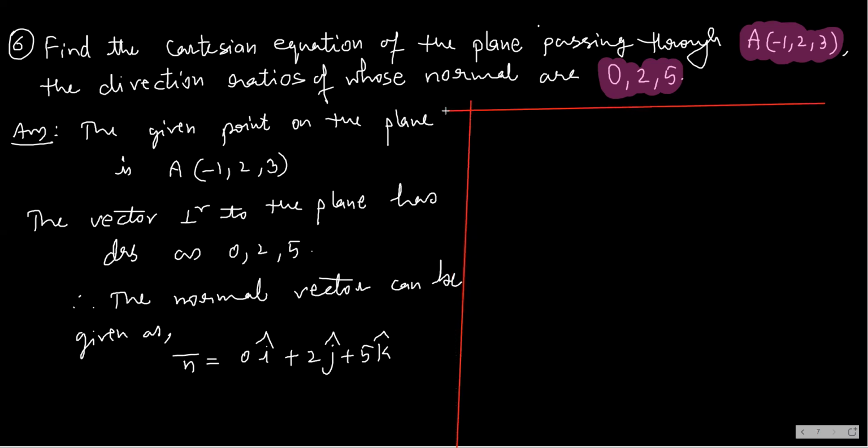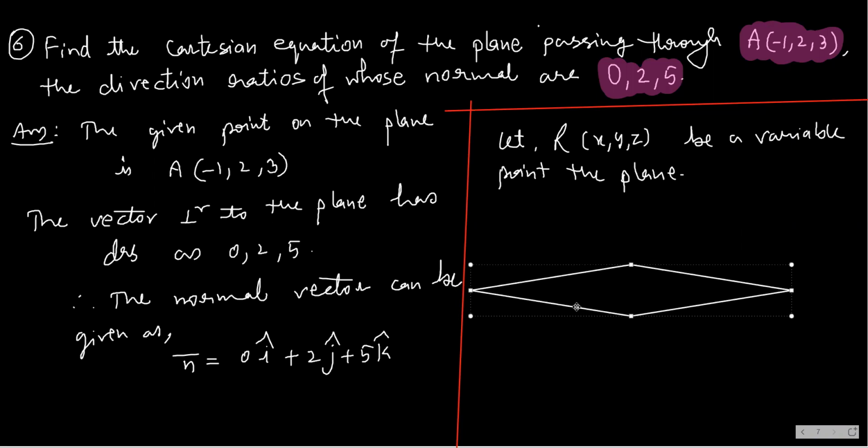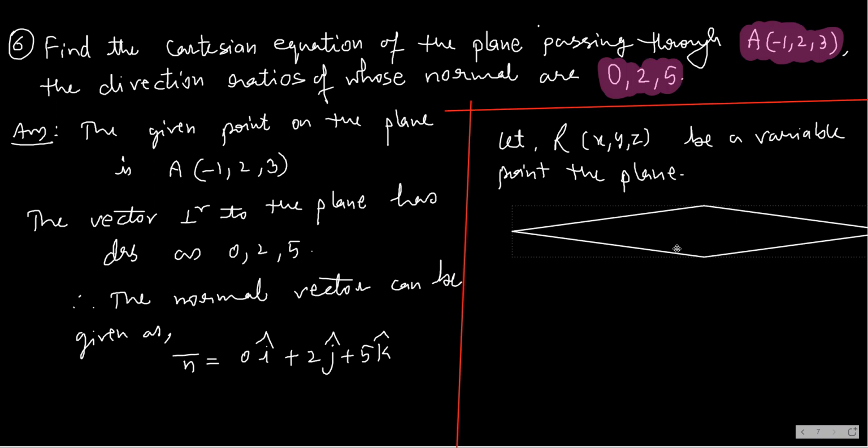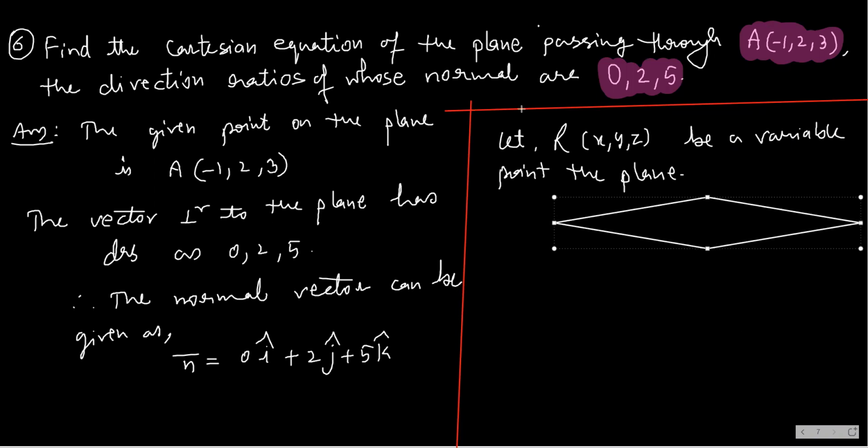What is the next step? I will take a variable point on the plane. Let R (x, y, z) be a variable point on the plane. You got it? Now, we have the plane here. On the plane, the normal vector to the plane is n bar.